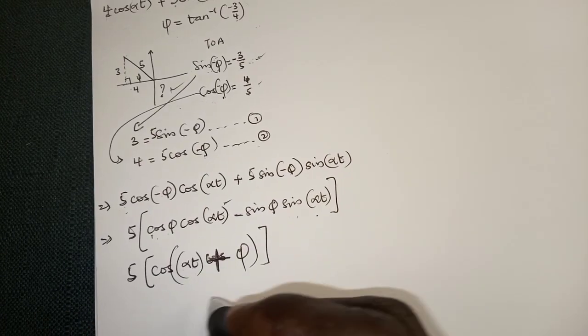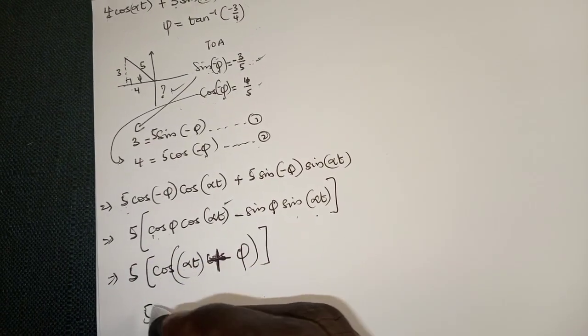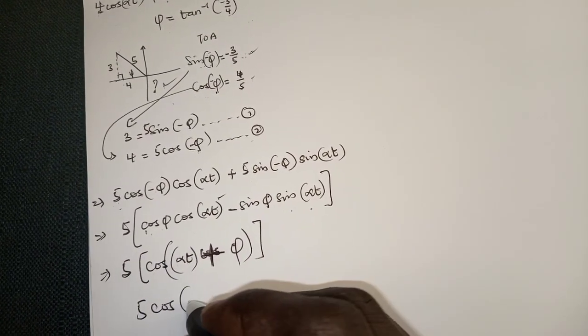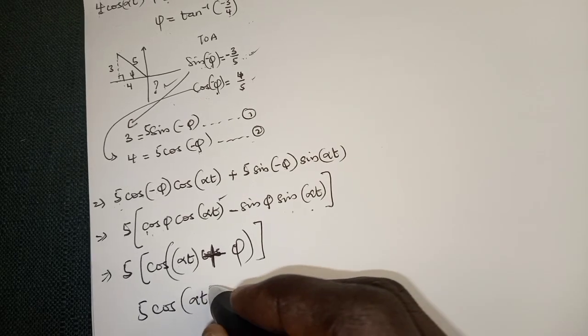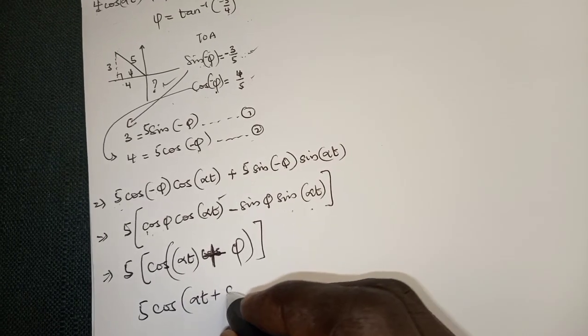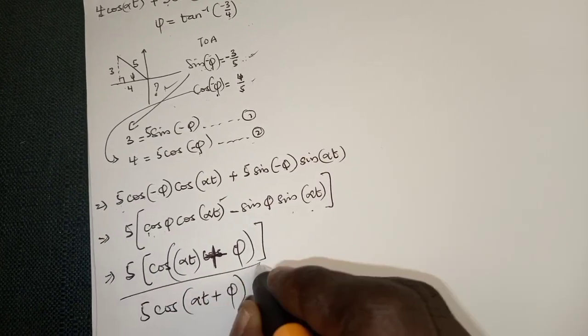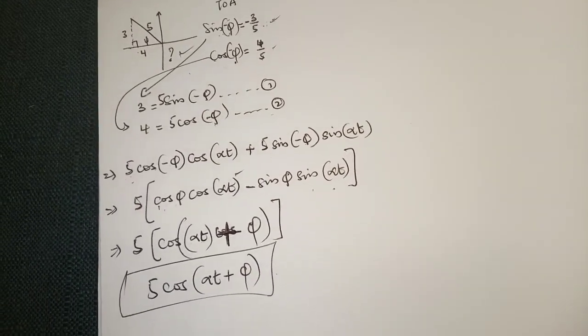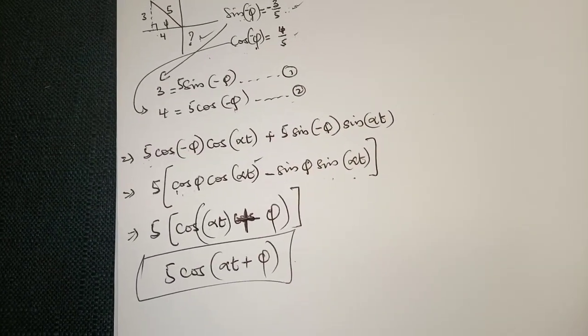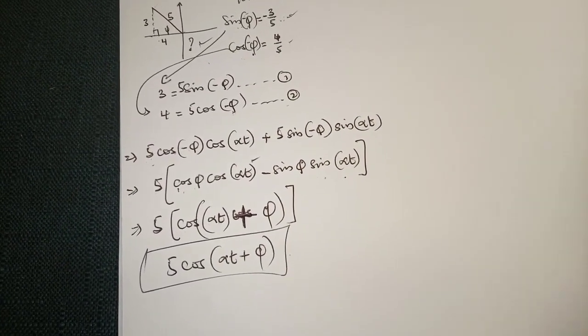So we have 5 cos bracket open alpha t plus phi, and that is that.